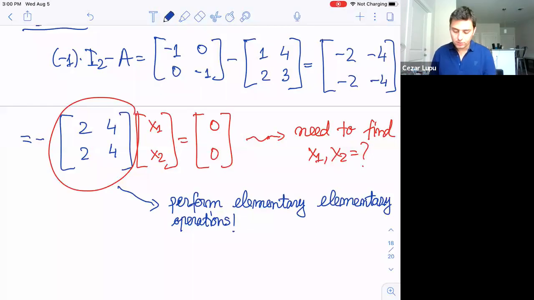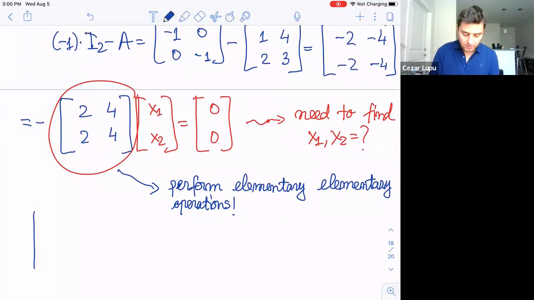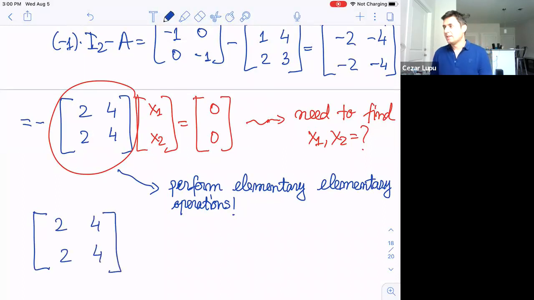Okay, so let's do this. Let's look at this matrix: 2, 4, 2, 4. This is very nice.